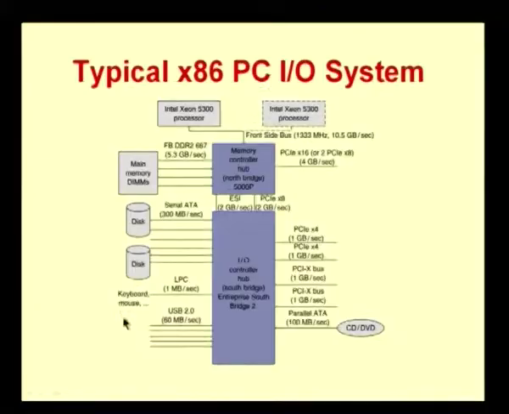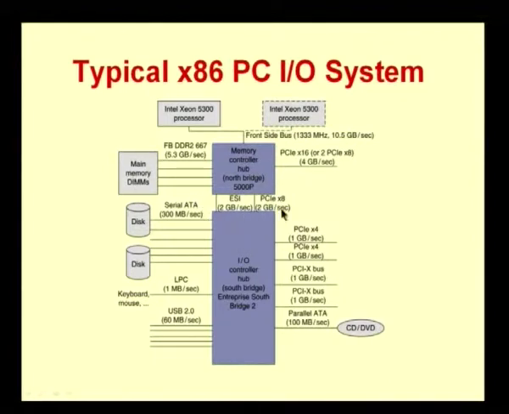Now, this is what a typical x86 based PC system would look like with respect to the I/O system. You can see you have the processor here, and you will have a memory controller hub, normally called the north bridge, to which the memory will be connected.